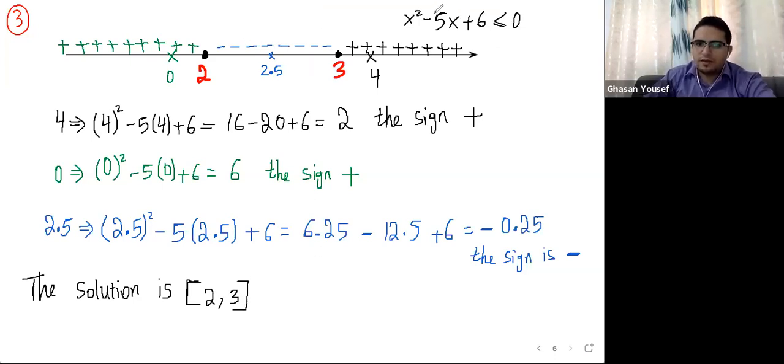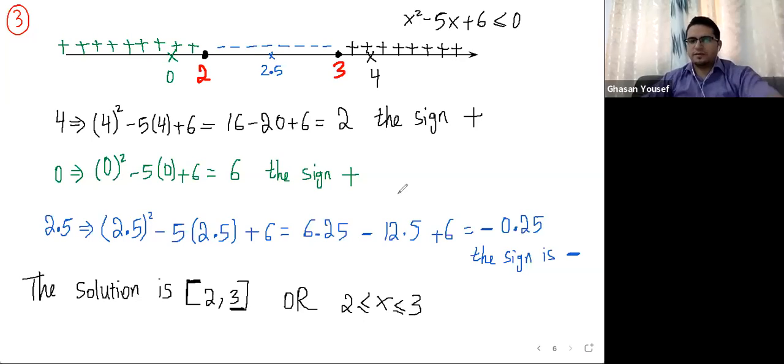If we plug 2 inside this equation, I will get 0. If I plug 3 inside this equation, I also get 0. So 2 and 3 will be a solution for this inequality. Any question? Or I can write it as x less than or equal to 3. Both ways are correct.